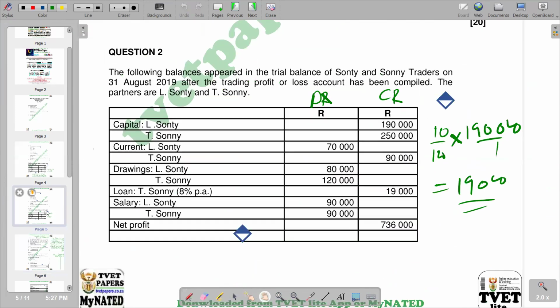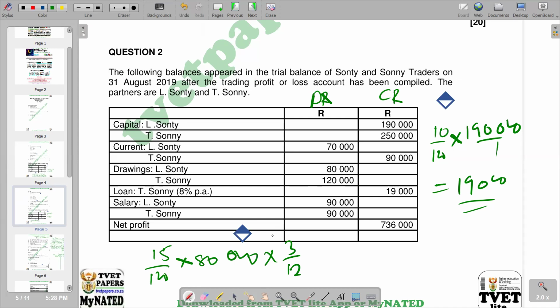So we say 15%, which is obviously 0.15 as a decimal. So we are saying 15 over 100. We multiply by the figure for drawings for Sonty, which is 80,000. And then we multiply by 3 over 12. So let's try to calculate this as such. We are saying 15%, which is 0.15, you multiply by 80,000.